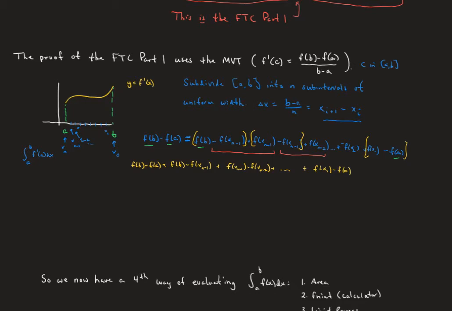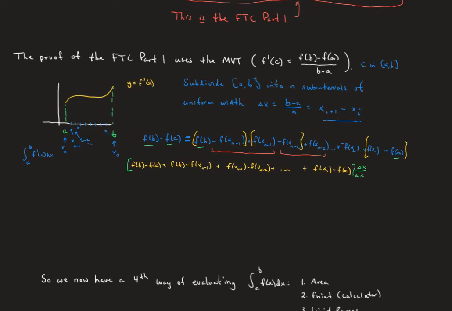So everything in the middle is going to cancel, and so we're still equal to f of b minus f of a. Then I'm going to multiply through this whole thing by 1 in a strange form. I'm going to multiply through by delta x over delta x. So that's multiplying through by 1.